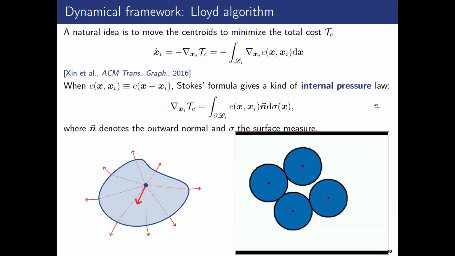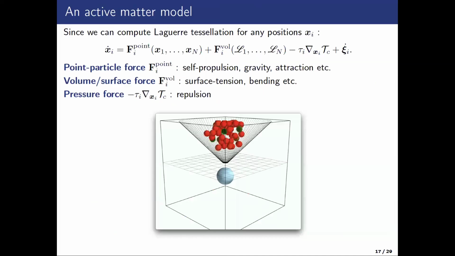Okay, so I have this basic internal pressure force, but I can add any other force I want. If I want to have self-propulsion, gravity, attraction between points, and later we'll discuss surface tension, I can add all that in that equation, always with this repulsion force, even some noise, and then have basically an active matter model.